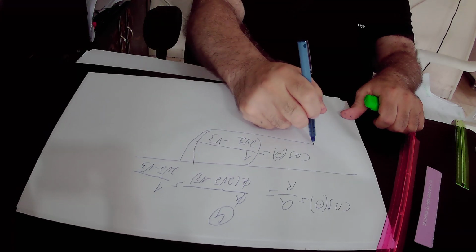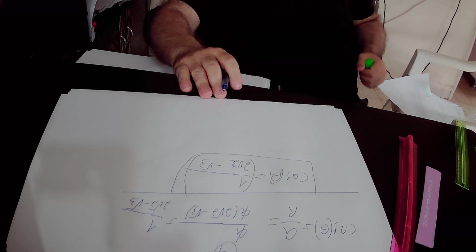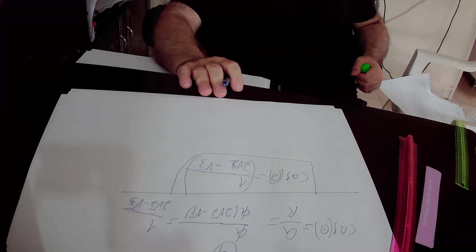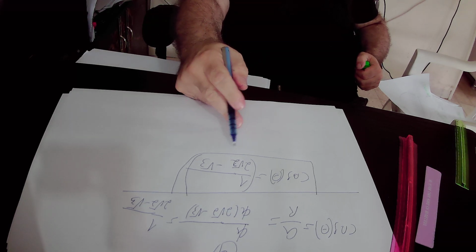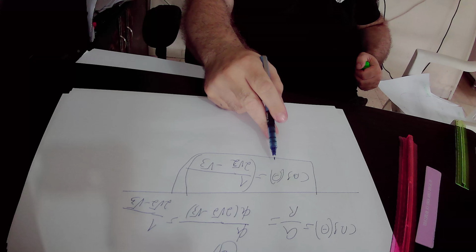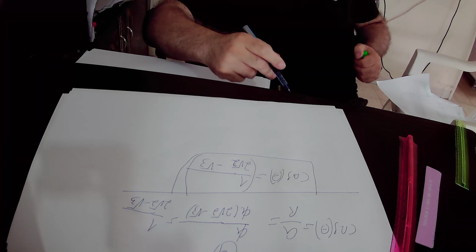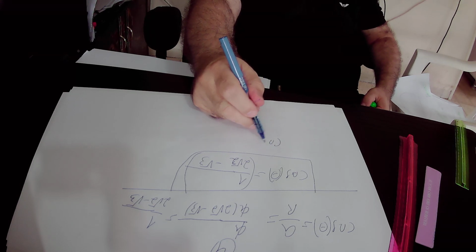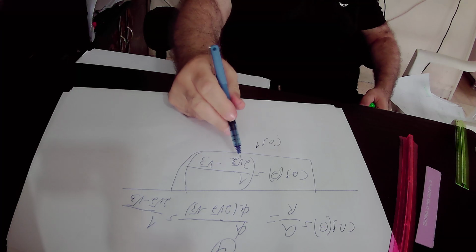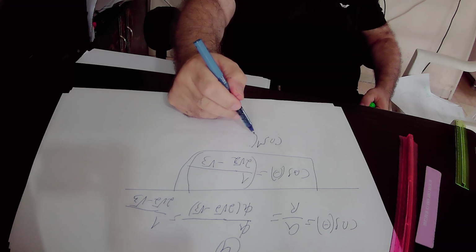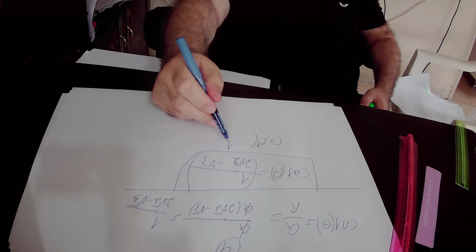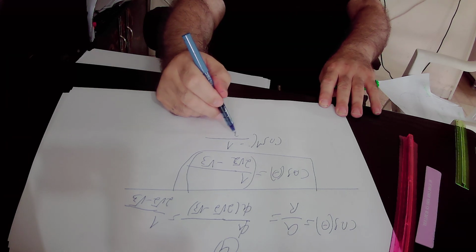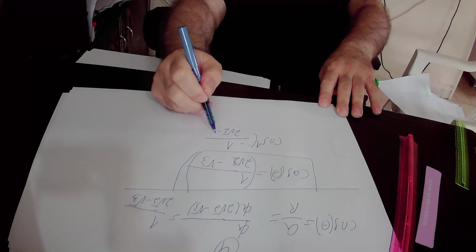But our mission is to find out the value of theta itself. In order to find out the value of theta itself, we will operate the opposite function of cosine, that is cosine minus 1, on the result, that is actually equal to 1 over (2 times square root of 2 minus square root of 3).